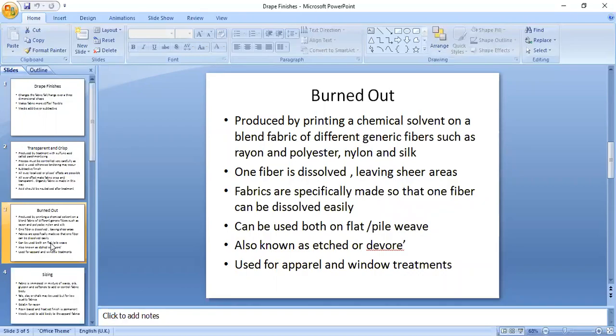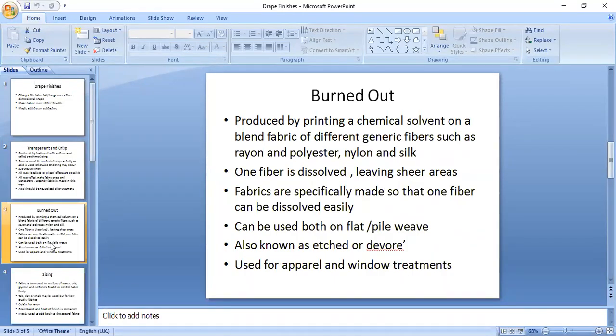Next is burned out effect. Burned out effects are produced by printing a chemical solvent on a blend fabric made of different generic groups of fabrics with different chemical composition.